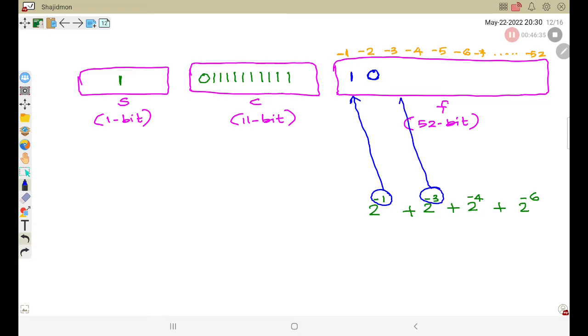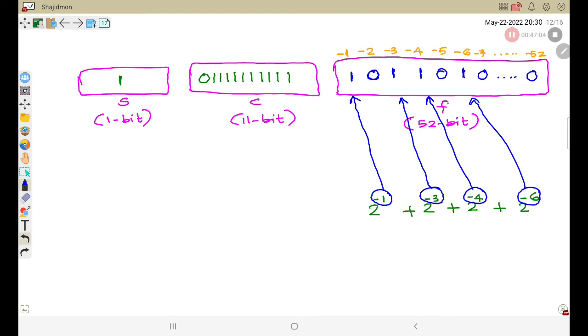So write 1. Now here minus 4th position, we have a number, so write 1 also. Minus 5th position, we don't have a number, so write 0. And minus 6th position, we have a number, so we can write 1. And in all remaining positions, we can write 0, up to the last 52nd bit, we can put zeros.